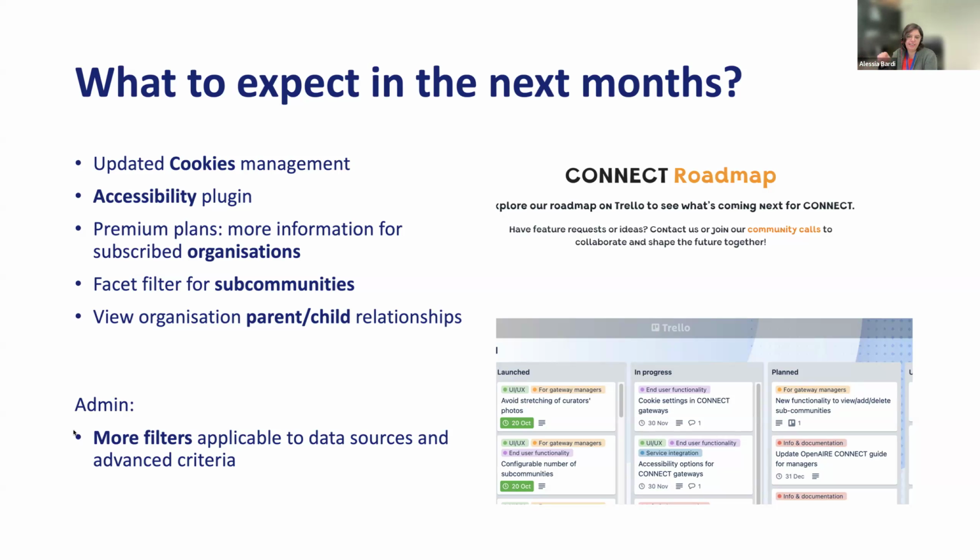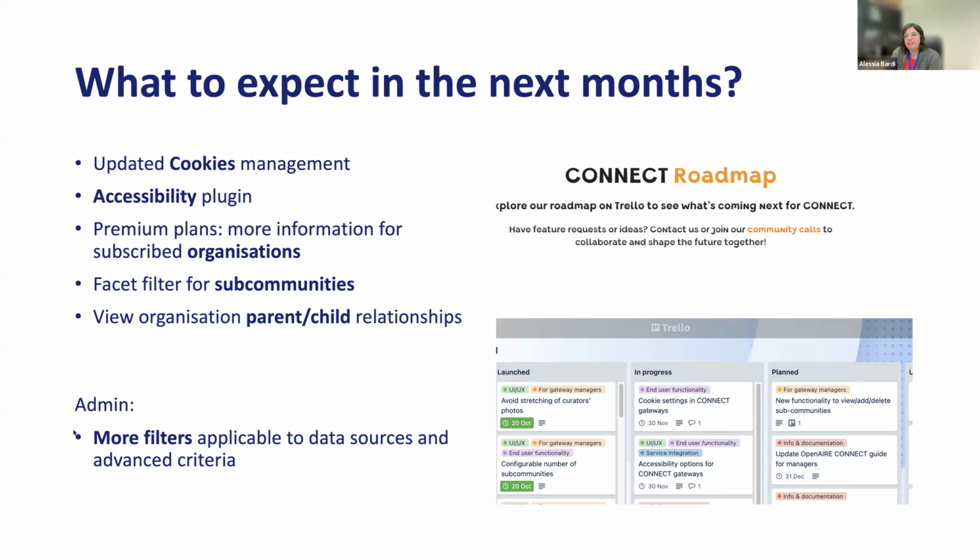And by following the links, it will be easier for the user to find the research products and the projects and the data sources related to both the parent and the child.